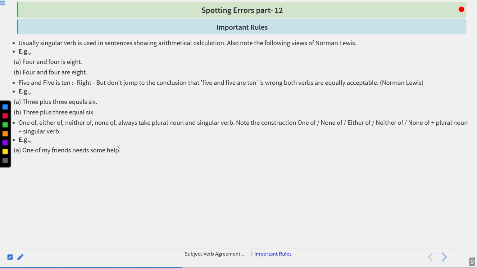Example, one of my friends needs some help. So here the actual subject is one, not friends, because my friends is an object of the preposition of. The real subject is one. According to one, we have used singular verb with s. None of those reasons is valid again. None is a subject. So that's why we have used singular verb.